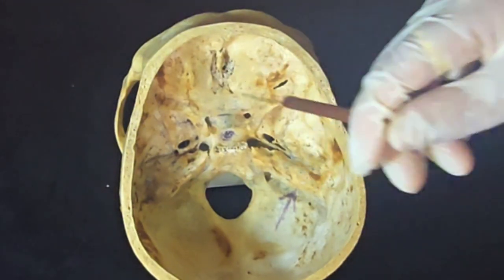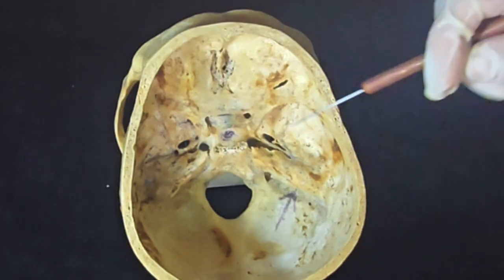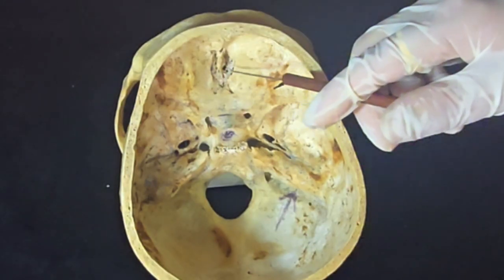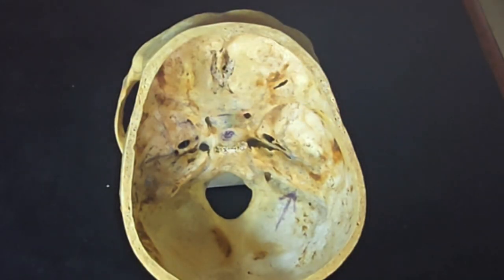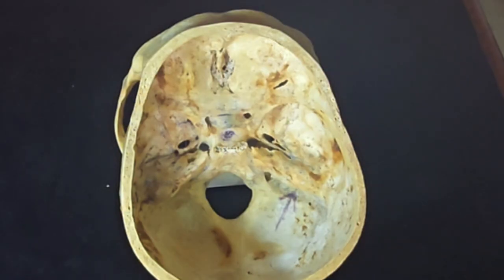Cribriform plate is the thinnest part of base of the skull, and it may fracture during trauma involving the face, leading to anosmia, that is the loss of smell, and or CSF rhinorrhea if the trauma is accompanied by meningeal tear.